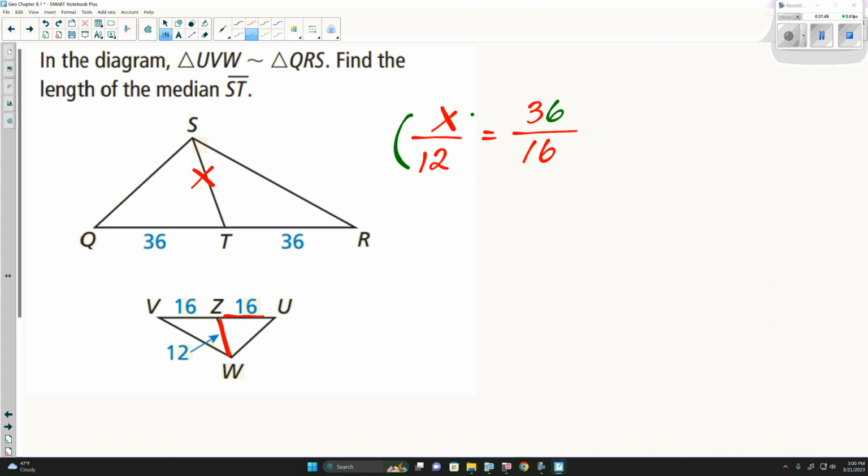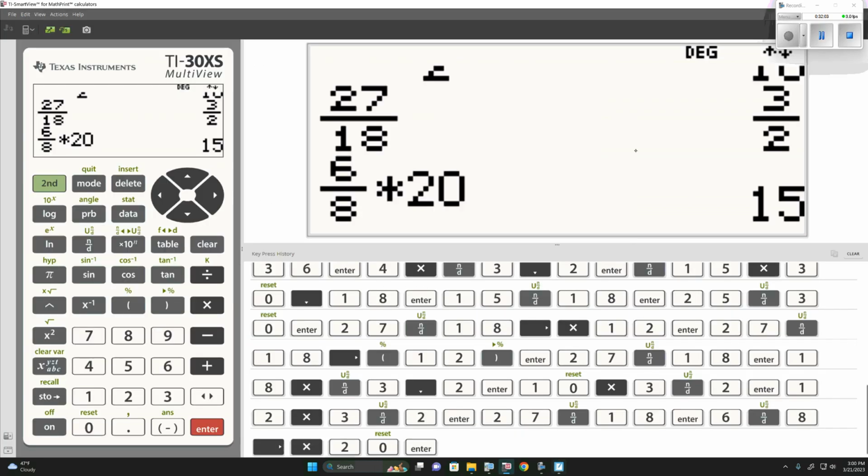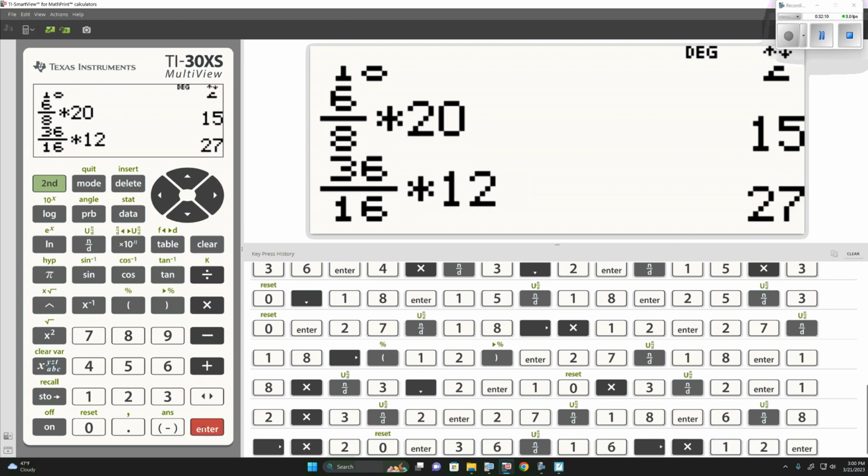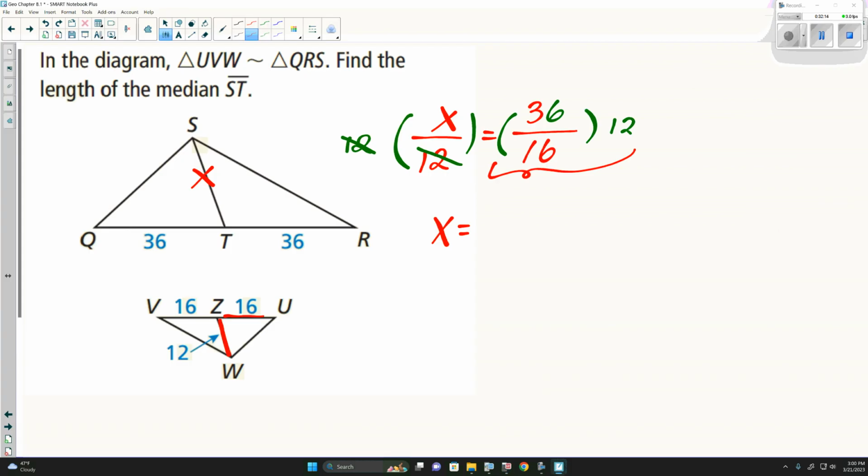Now at this point, we can multiply both sides by 12. These will cancel. And now we just need to simplify this over here. So we have 36 over 16 times 12, which is 27.